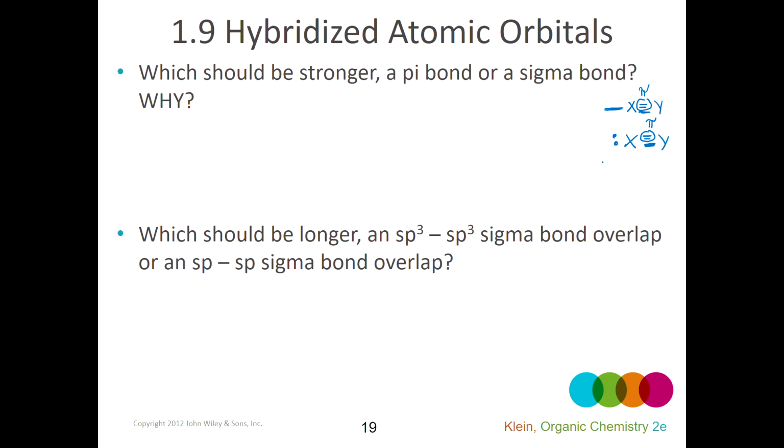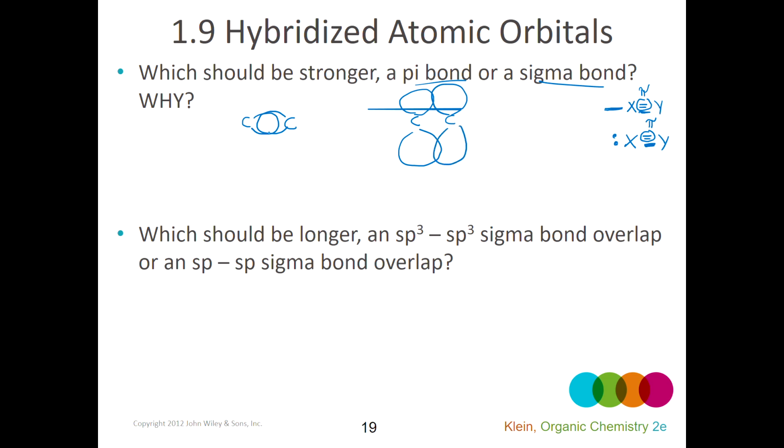Alright, so let's answer these questions, make sure we understand a little bit more detail about these types of bonds. So which should be stronger, a pi bond or a sigma bond? Well, if I'm looking at a carbon-carbon sigma bond, that results from head-on overlap. If I'm looking at a carbon-carbon pi bond, that results from the p orbitals overlapping side by side. So what's the difference?